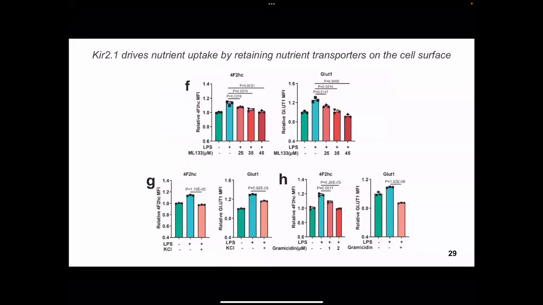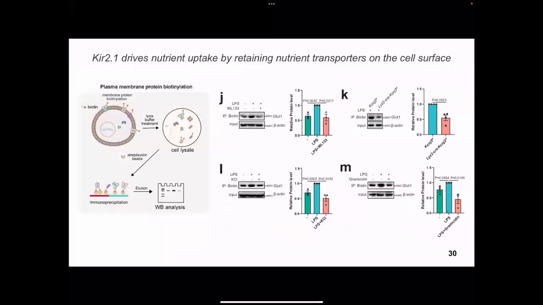To examine this hypothesis, we used flow cytometry, and we detected the induction of surface expression of both 4F2HC and GLUT1 upon LPS stimulation. This was dose-dependently inhibited by ML133 and similarly by elevated extracellular potassium or gramicidin. For the decreased surface expression of GLUT1, we also used another strategy: we used immunoblot for biotinylated cell surface proteins.